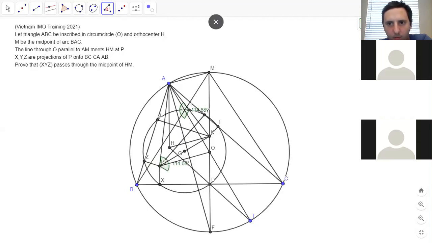Also MAH and POT. So if MAH and POT are similar, then that means that these are parallel.